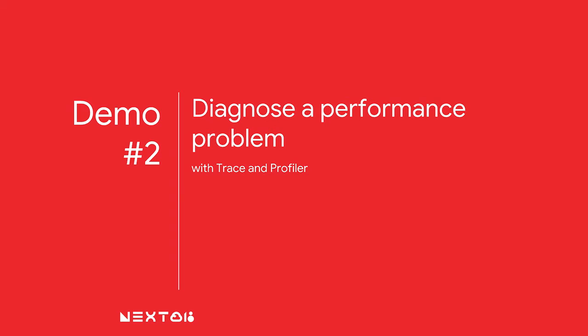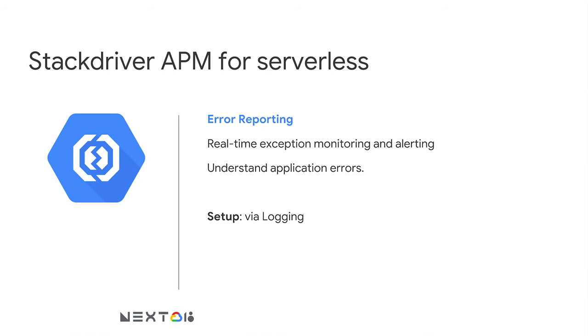Now going back to the last demo, the tools we will use in that demo are Stackdriver Error Reporting and Stackdriver Debugger. Stackdriver Error Reporting is automatically monitoring your logs for application errors. For example, when there is a crash, most of the time in your logs you will see a stack trace, an exception.